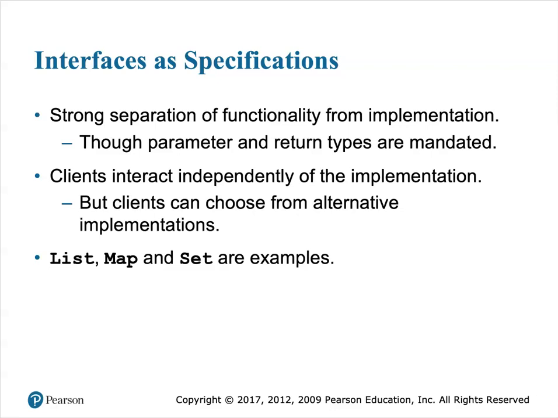What the object does is specified by the names of the methods and the parameter types and the return types. But how it does it internally, well, that's up to the implementing class. The nice thing then is that if you have a clearly defined interface, you can plug and play different implementing classes into that interface variable as needed.